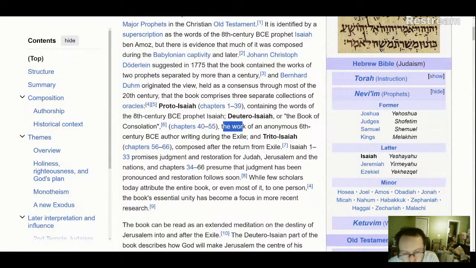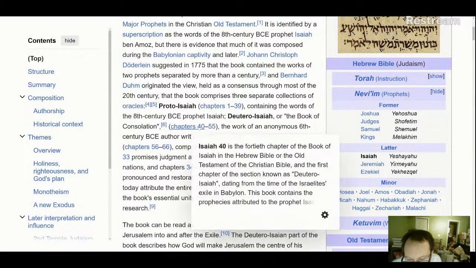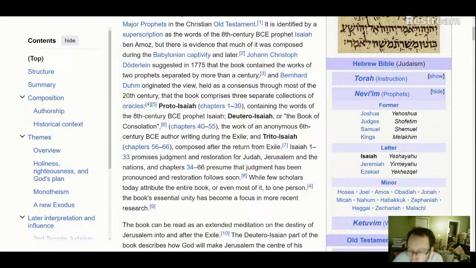But I can prove that they are wrong about this, because when you remove chapters 36 to 39 from the text, assuming that it was added into the text from 2 Kings, chapter 35 directly flows into chapter 40 with no break. It is directly linked.